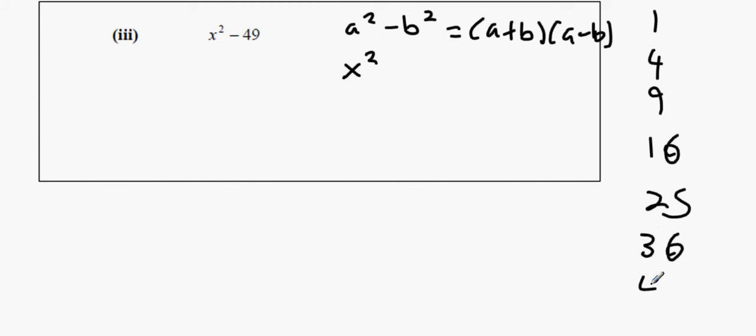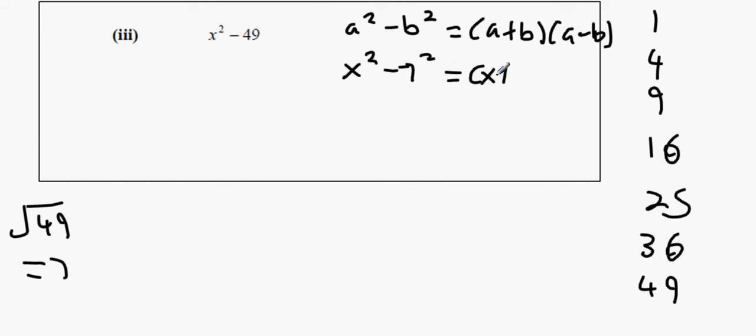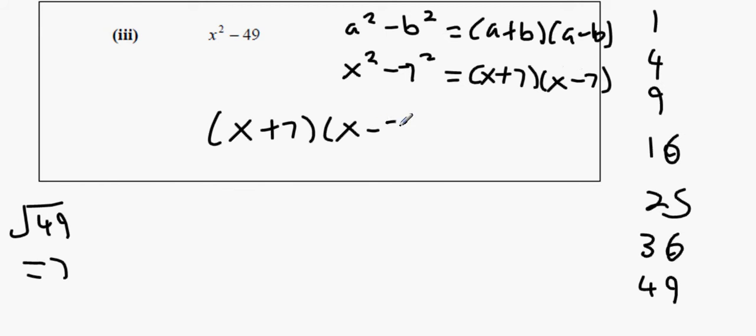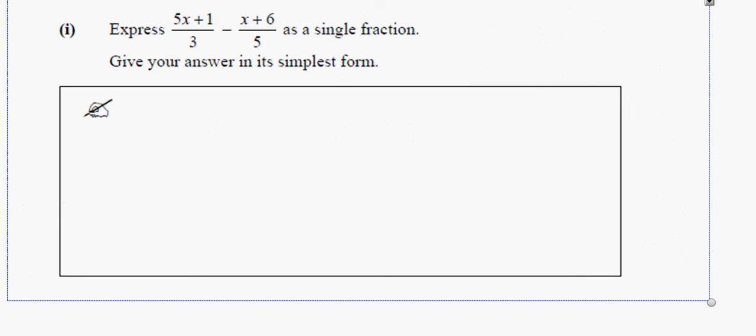If you aren't sure, just put the square root of 49 down, and you'll find out that it's 7. So it's going to be x squared minus 7 squared. Now you know that a is x and b is 7. So you're going to get x plus 7 and x minus 7.